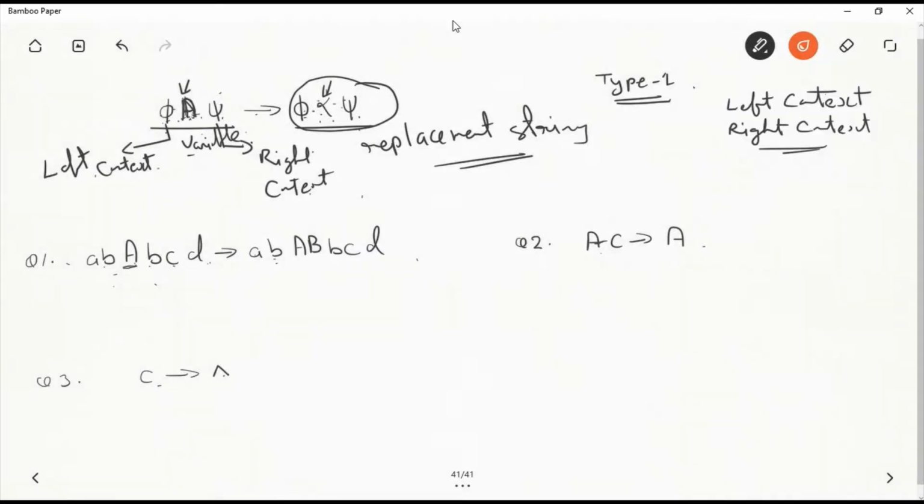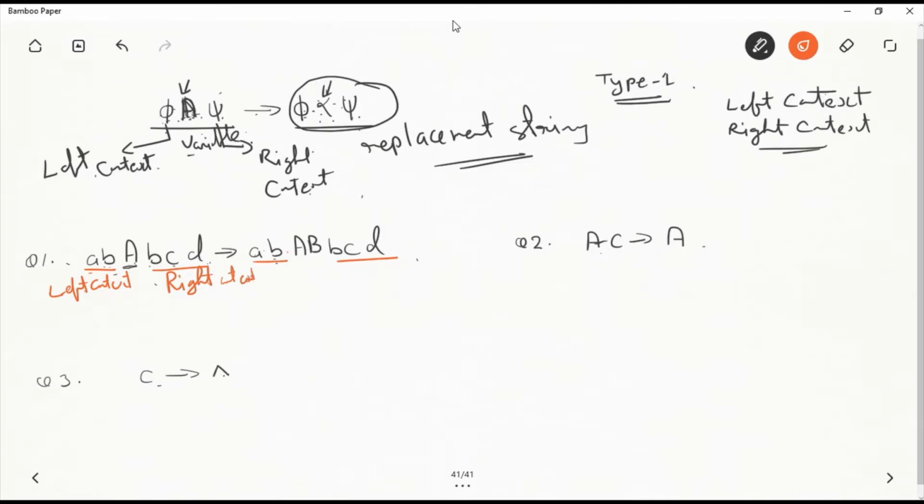AB is the left context. Or you have AB common here, the same thing. What about right context? BCD. BCD. BCD. So right context.